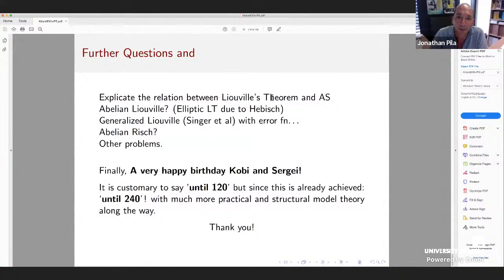There is an elliptic Liouville theorem in the literature due to Hebisch just a couple of years ago. But more generally, you can ask about an abelian Liouville. There are generalized Liouville theorems with error functions and so on, or about extending Risch's algorithm to more general families of abelian integrals.